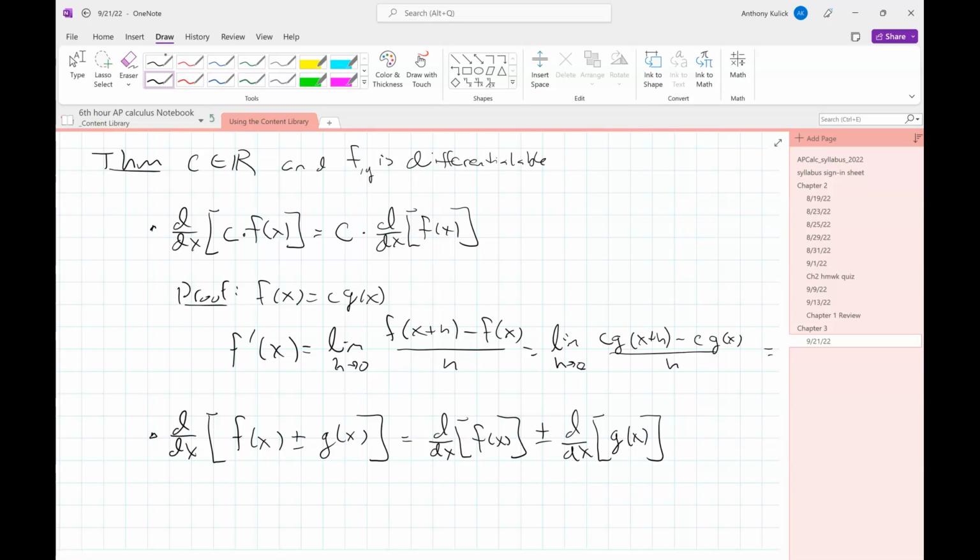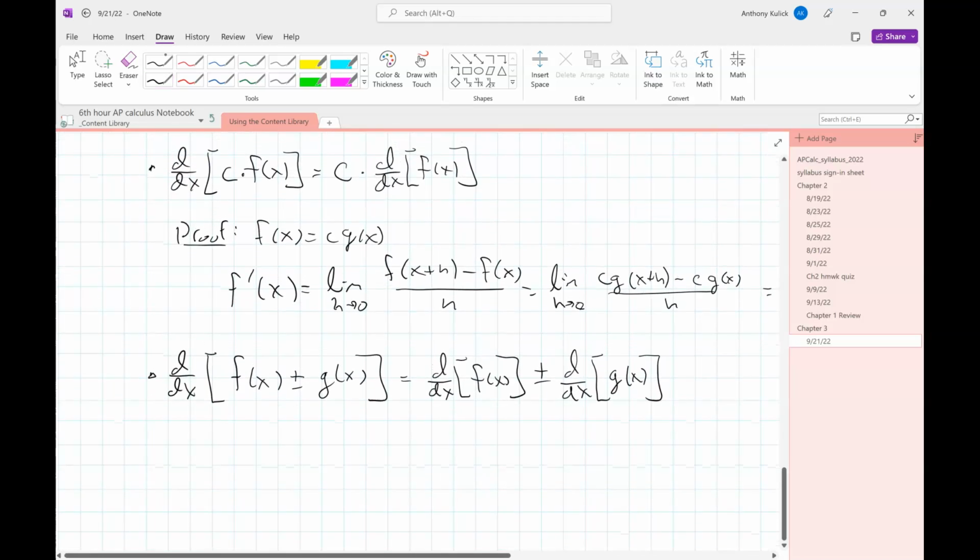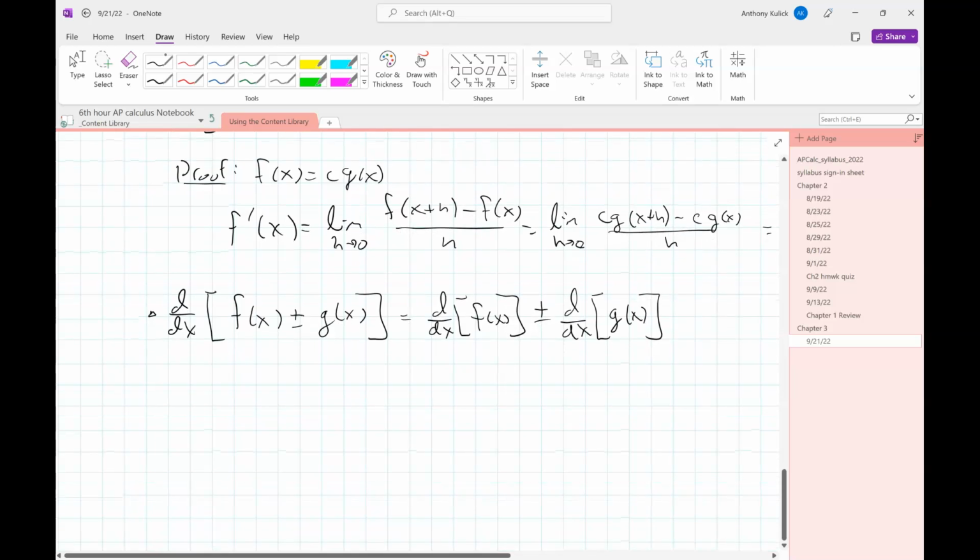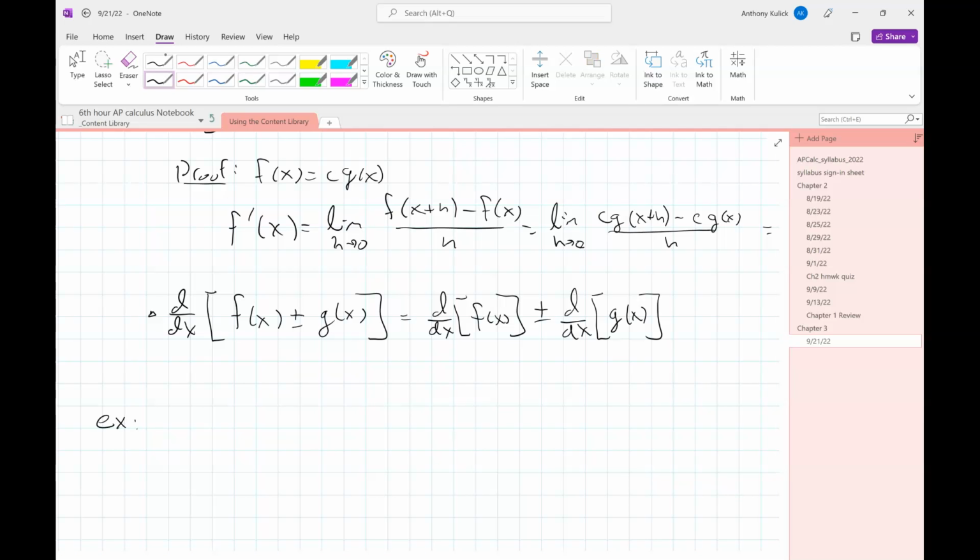And it works the same way for subtraction. What are we really saying here? We can just distribute our derivative to all the terms in our function, right? Okay. I'm not going to bother to prove this one, and let's just go to some examples.